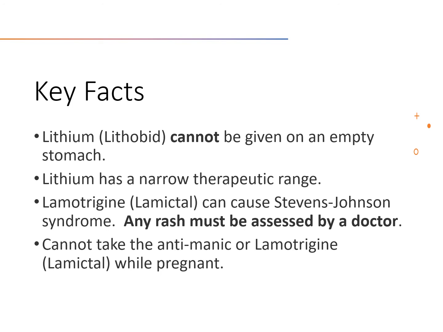And then the medications from the anti-manic category, along with lamotrigine, cannot be taken while pregnant. They cause birth defects in the neural tube, which from my understanding develops into the brain and the spine. I mean, not just the spine, the whole nervous system.